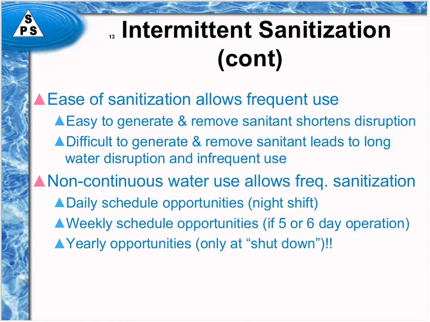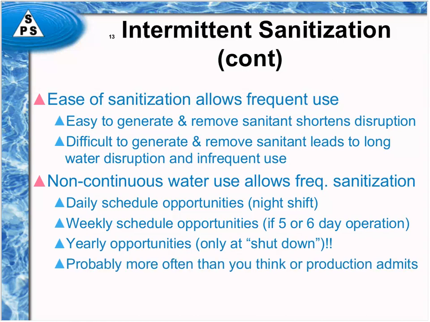I've seen lots of places that have only yearly opportunities, only at shutdown, if they even have shutdowns. And it's typically 1 or maybe 2 times a year. And if you wait that long before you do your sanitization, unless you had some really, really good ongoing controls in your system, you are dealing with probably a very high level of biofilm to try to get rid of whenever you do that, and that's a recipe for failure.